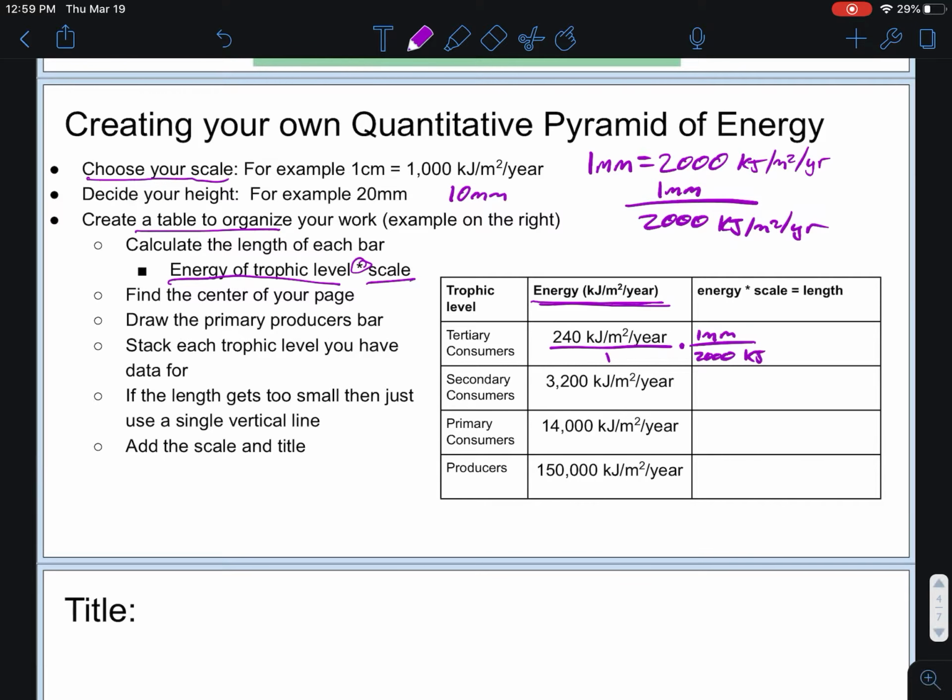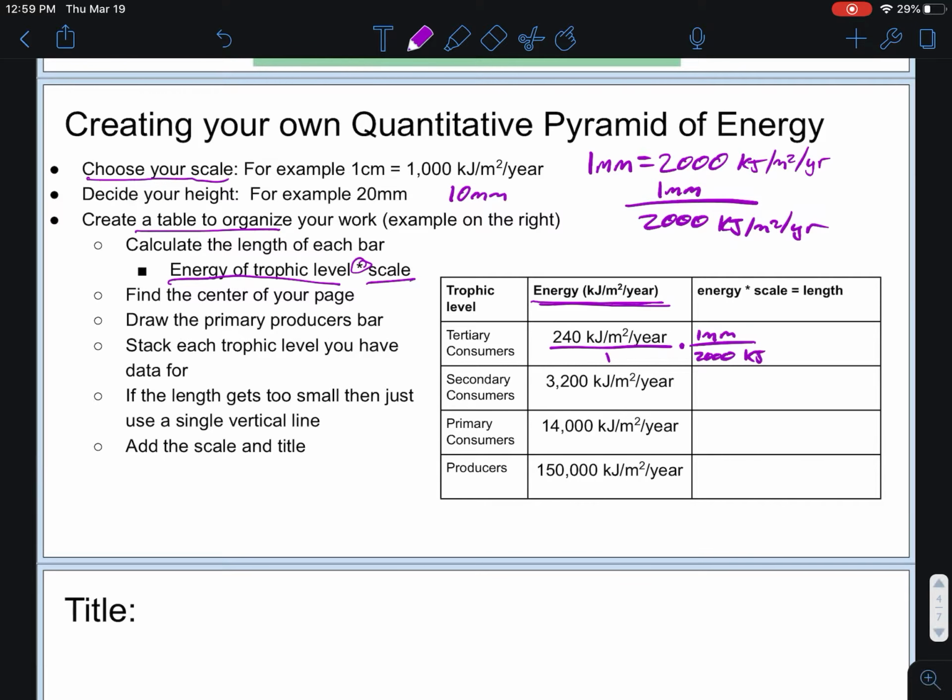Seven millimeters. Do the last one. 150,000 times 1 millimeter per 2,000 kilojoules per meter squared per year gives me 75 millimeters.